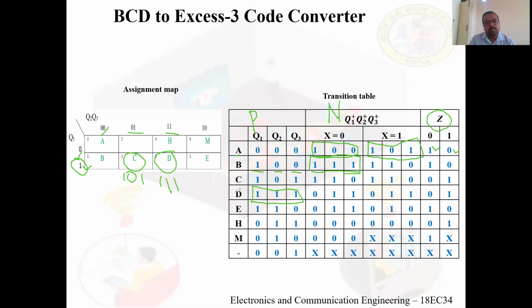Right? Similarly, when x is 1, it is equal to 1, 1, 0, which is 1, 1, 0 here. We have 1, 1, and 0, which is nothing but E state.